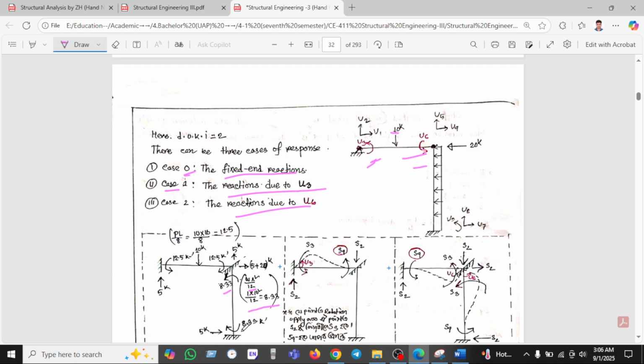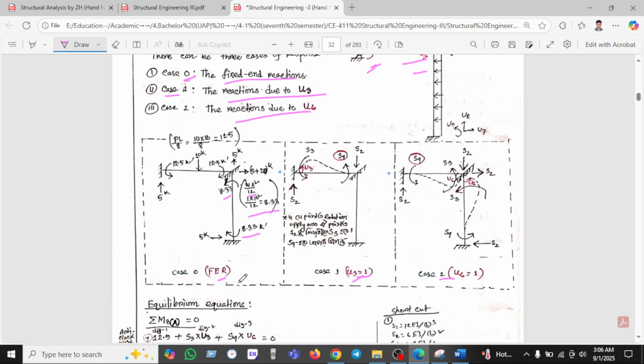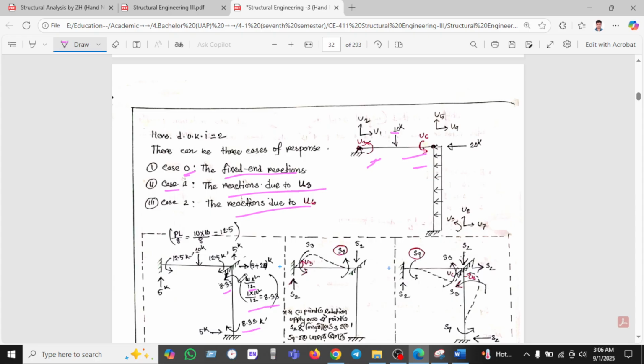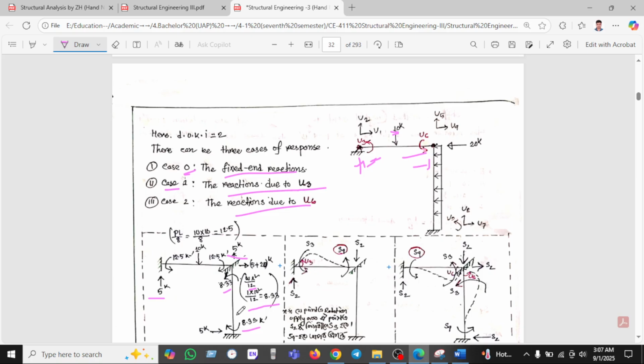This is the 8.33 and this is the 8.33 anticlockwise. I will get this is 10, so it will be half, 5, and it will also be 5, so that's why I have 5 and 5.